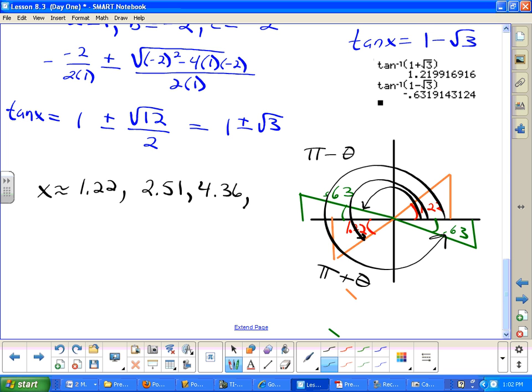Okay, so 2 pi minus 0.63 is 5 point what? 5.65. And there's my answers.